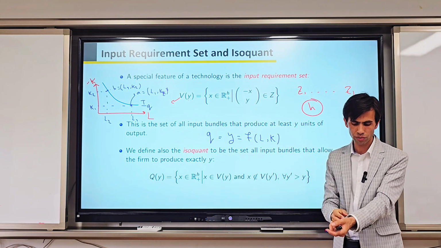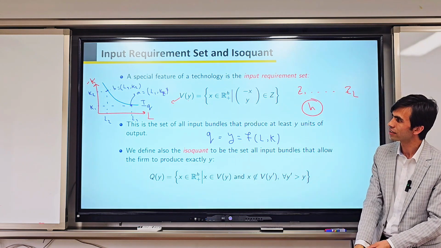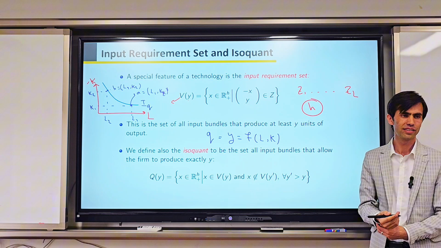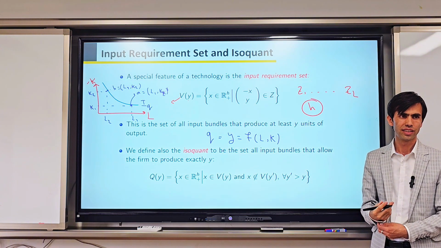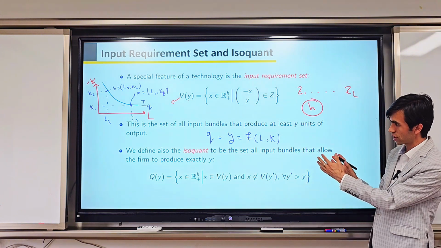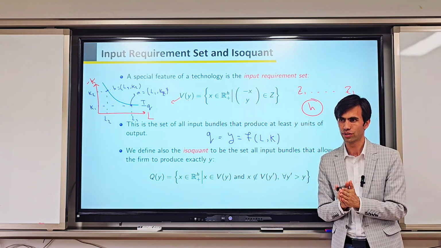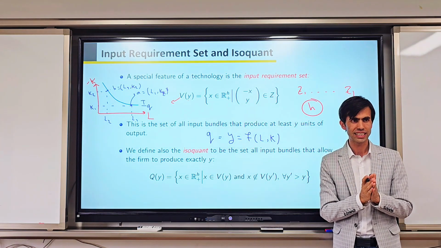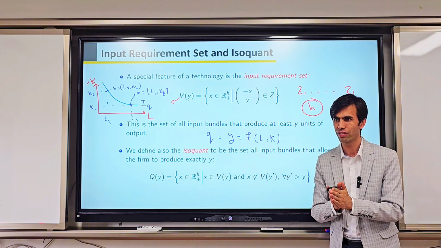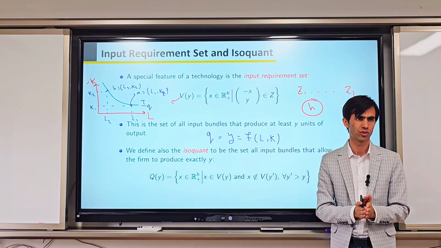And in consumer theory, we had a similar concept. What was that? In producer theory, we can say all the different combinations of input that produce exactly the same amount of output is called an isoquant.